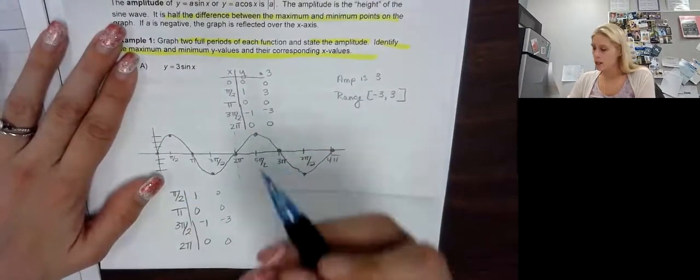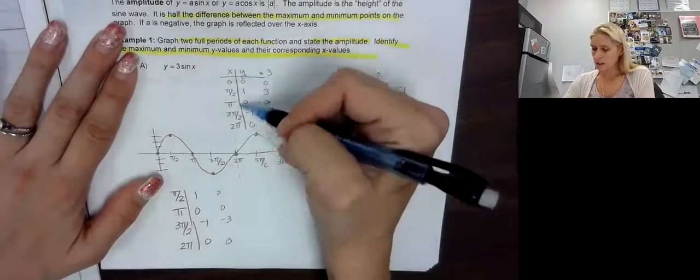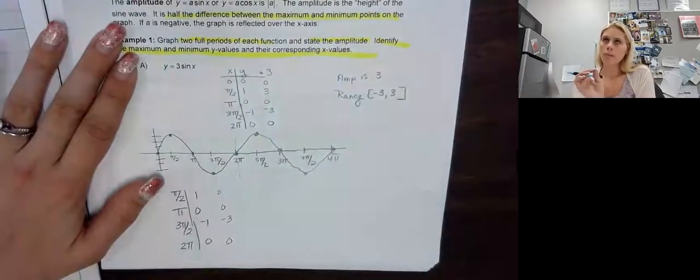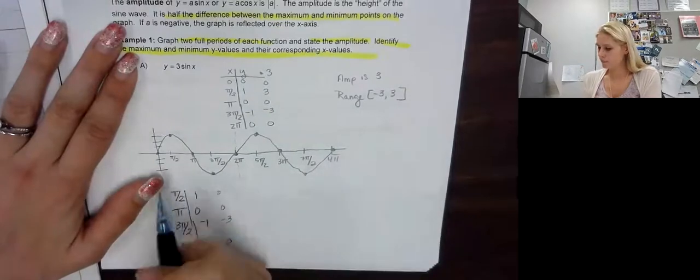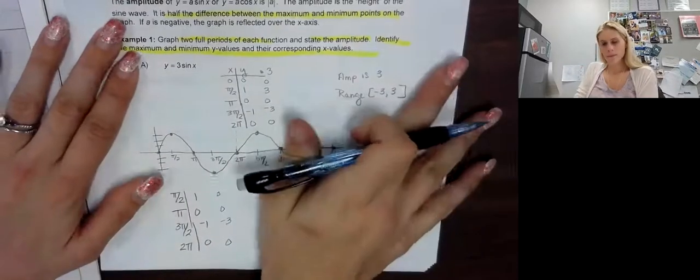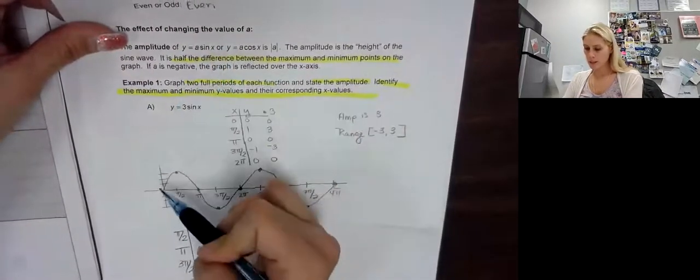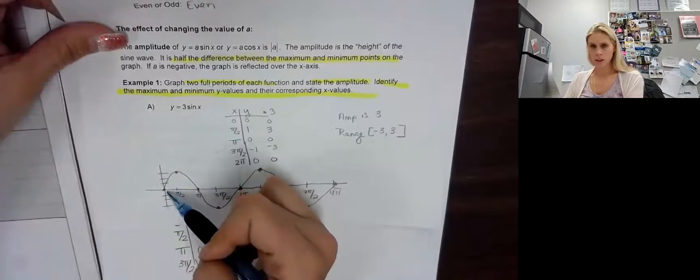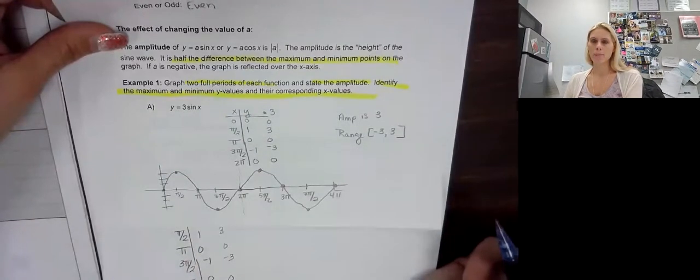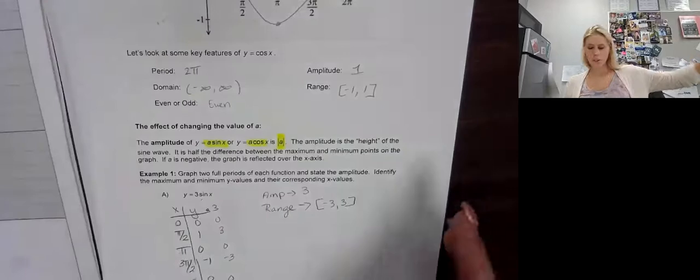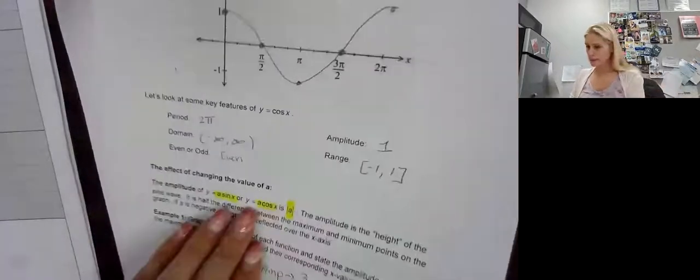I kept going because our x values didn't change in distance apart. Okay. All right. So really, what did the amplitude do? Well, what did that 3 out front do? It stretched the distance between the midline and the amplitude. Let's see what happens with our next one.